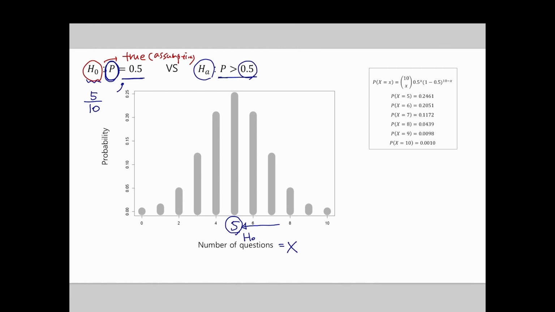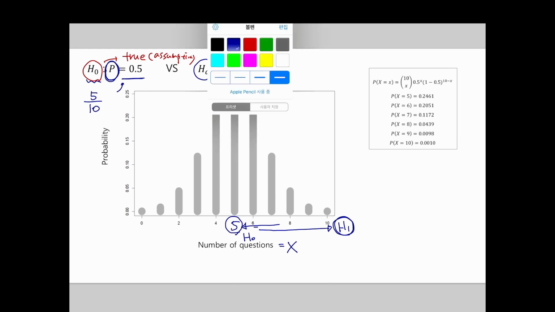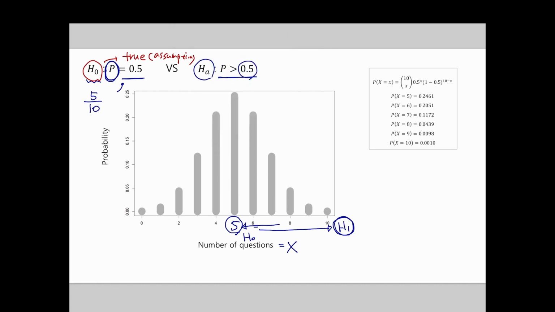So it supports the alternative hypothesis as x increases: 6, 7, 8, 10. Okay, H1 is supported. Therefore the region that rejects H0 may exist in this part.